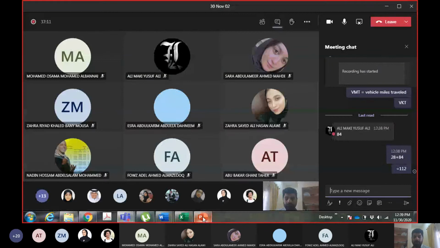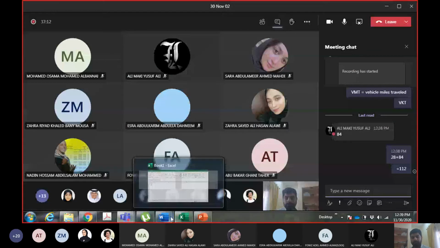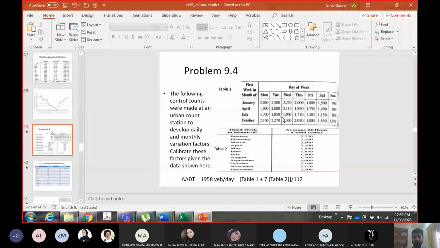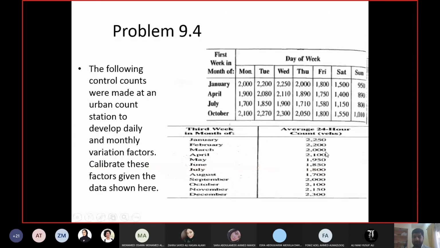So take the summation of all the values from the first table, plus all the values given in the second table multiplied by 7. Why?